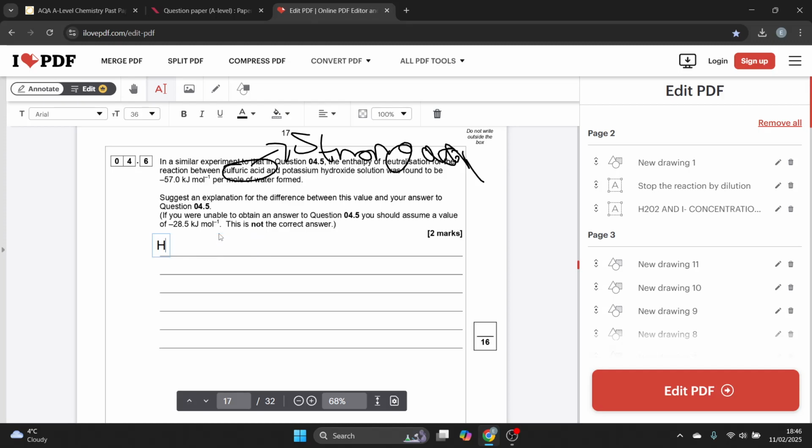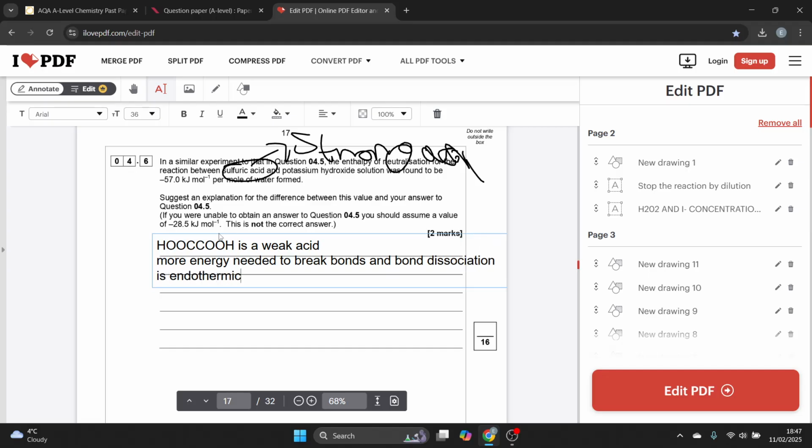So I would say HOOCCOOH is a weak acid. More energy needed to break bonds, and bond dissociation is endothermic, hence my answer is less exothermic than the answer given in 4.6.